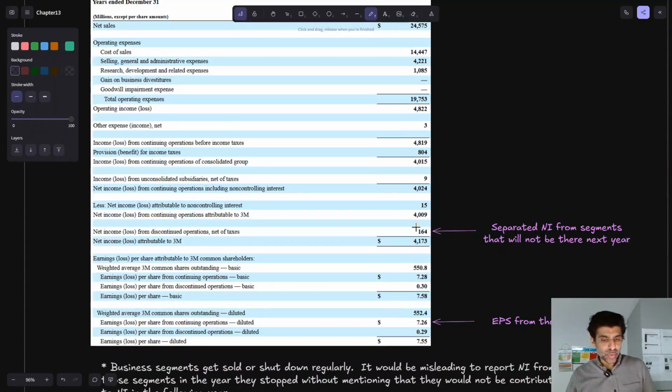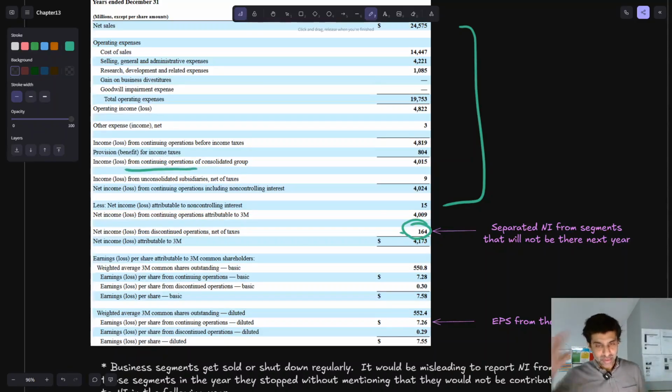They basically go through the whole thing, and they then show how much is from just discontinued operations. So they'll give the combined all the stuff, and then they're also going to add this back in. So actually, hold on. Let me restate that. So this is from continuing operations. So what they're going to do, actually, this is a good and transparent way of doing it.